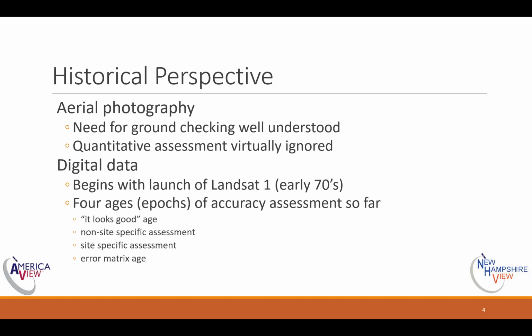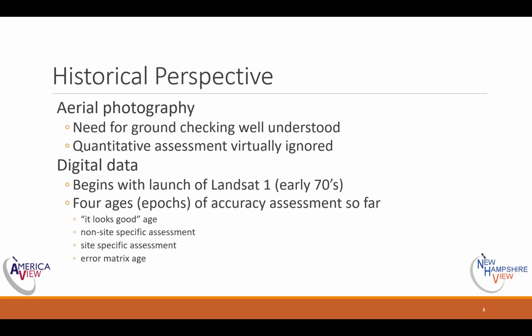So from a historical perspective, it's really important to have a little history here. Back in the old days, with aerial photography coming out of especially World War II, lots of people were trained in aerial reconnaissance, and it was sort of a time-honored skill. If you've done any photo interpretation, you understand that it's a skill, it's an art. You get better and better at it as you practice it. And the need for going to the ground was well understood.